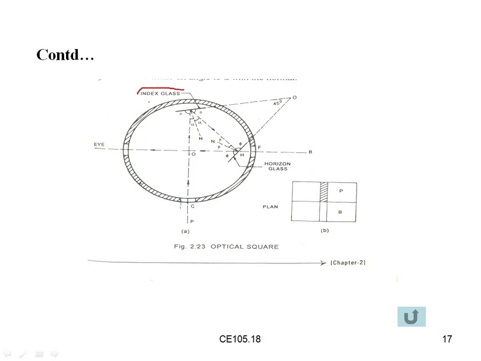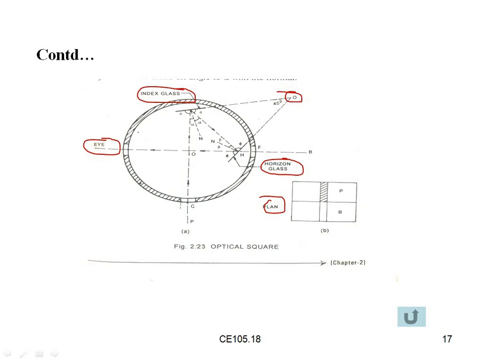So this is the working process. Here you can see the index glass, and this is the eye portion. This is called the horizon glass, set at a 45 degrees angle. So this is the actual plan we can see.